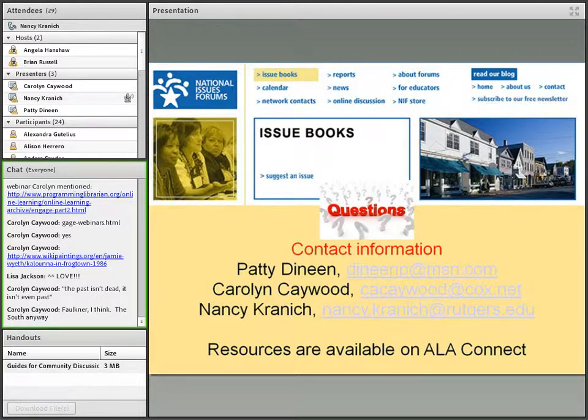So speaking of which, civic literacy is one of the topics that the Center for Civic Life is very interested in, and a lot of the work we do with forums is just one way that you can really help develop a sense of civic literacy. I know in my own experience, and Carolyn and Patty might want to add to this, that people who participate in these forums really do get a chance to not only learn about an issue, but learn how to work in a civil way together to work through an issue.